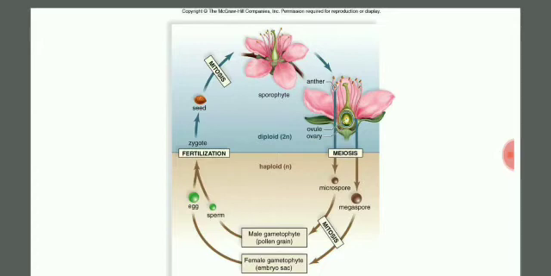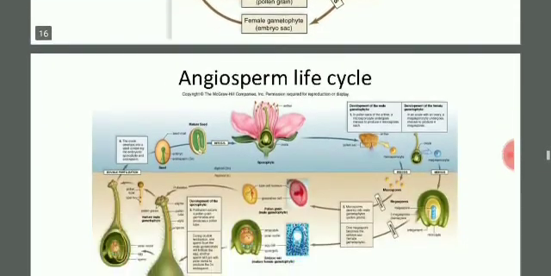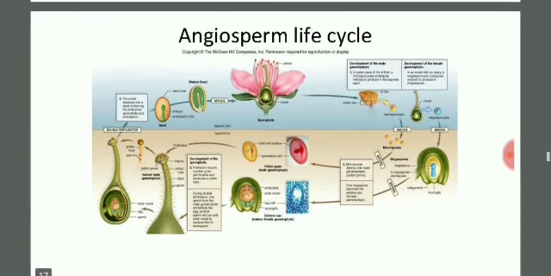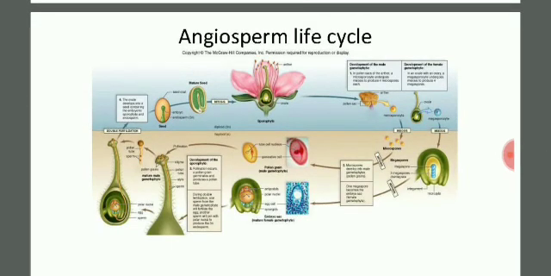Again, sperm is fertilizer to zygote, zygote to seed, and seed to flower, and flower to fruit. Here you can see another angiosperm life cycle.